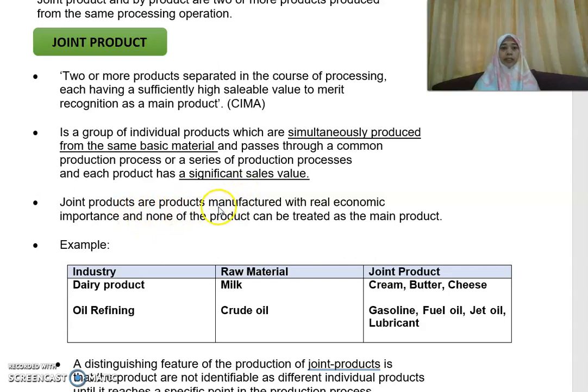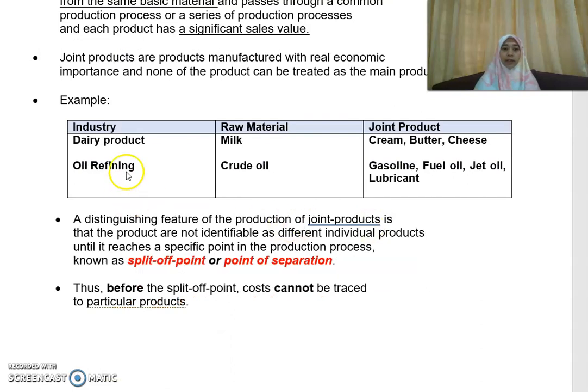So joint products are products manufactured with real economic importance, and none of the products can be treated as the main product. For example, you have the dairy product. The raw material will be the milk, and the output can be cream, butter, and cheese. Cream, butter, and cheese are known as the joint product.